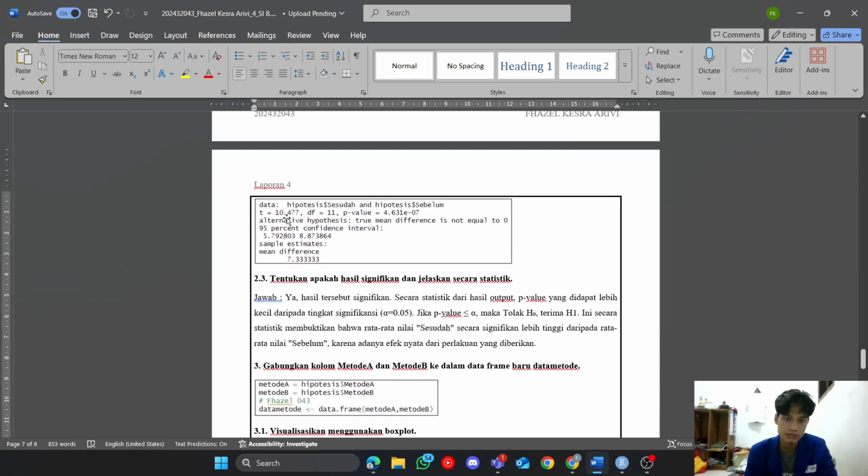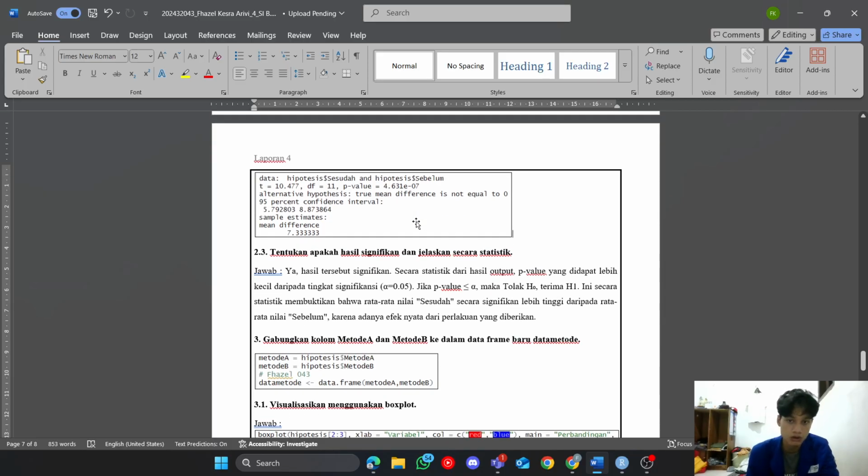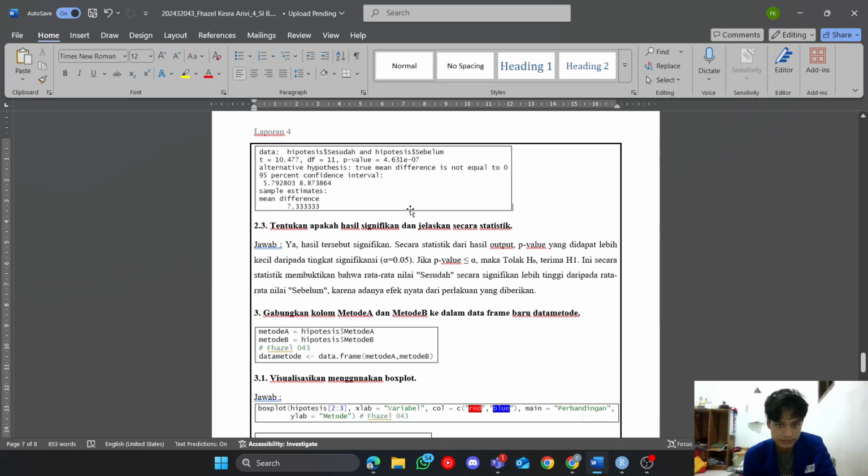So the t value is 10.477, the p value is 0.00000, so it is so small, of course, so the hypothesis that we accept is the alternative hypothesis. So the mean is not equal to zero.